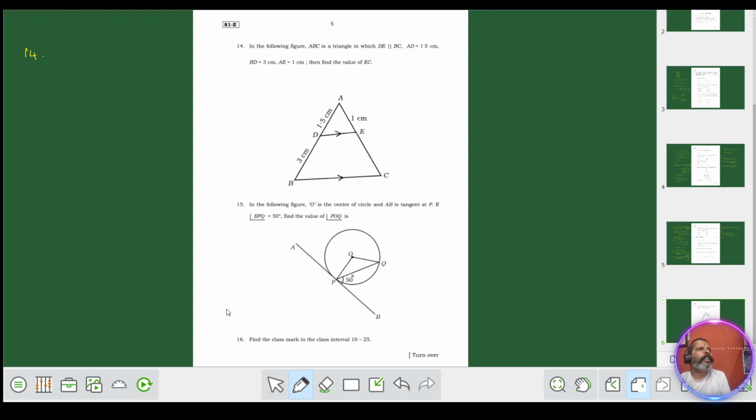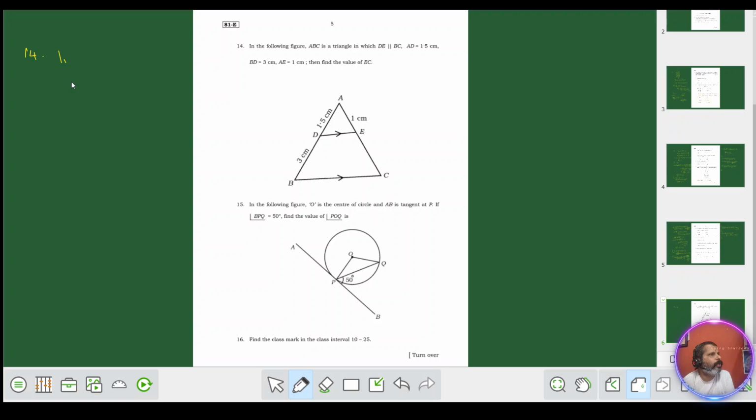In the following figure, ABC is a triangle, DE is parallel to BC, and the other three sides are given. Find the EC. By BPT, Thales theorem, or whatever you call it, just write the figure and give the details given.